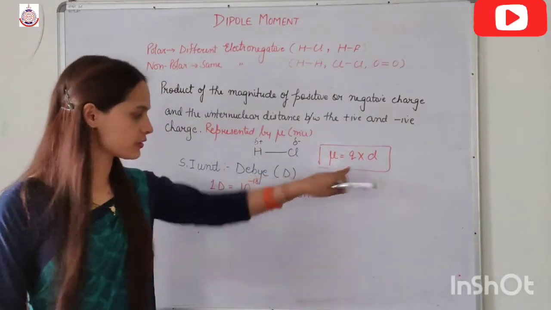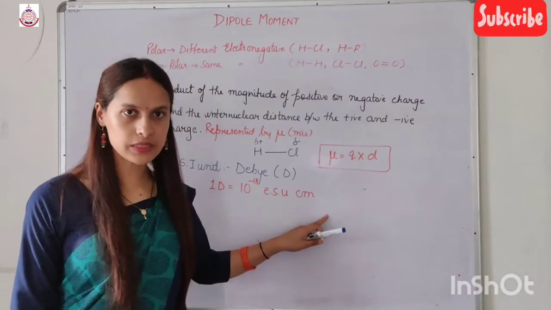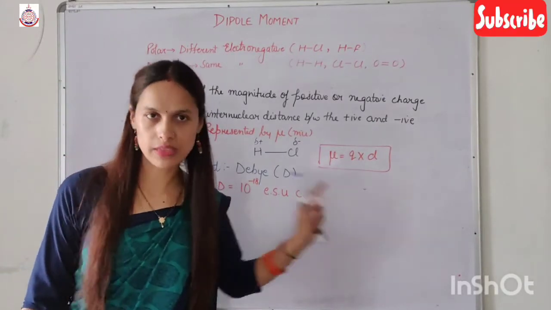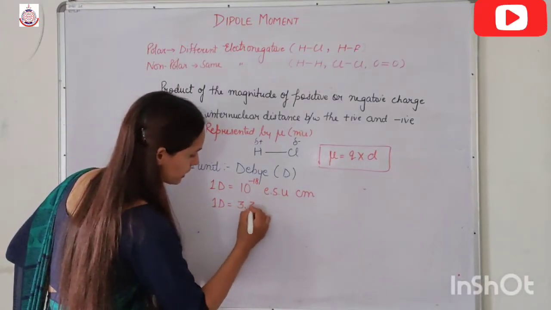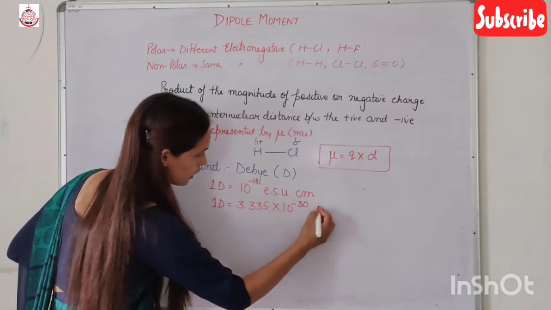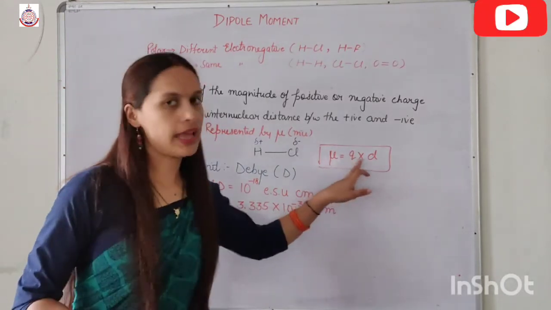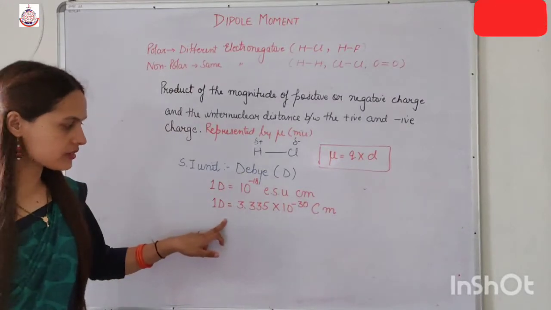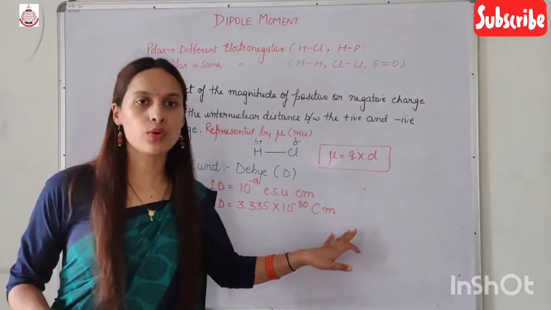If the charge is expressed in ESU and the distance is expressed in centimeter, then 1 debye equals 10 to the power minus 18 ESU centimeter, or 1 debye equals 3.335 into 10 to the power minus 30 coulomb meter. If the charge is expressed in coulomb and the distance is expressed in meter, then 1 debye equals 3.335 into 10 to the power minus 30 coulomb meter.